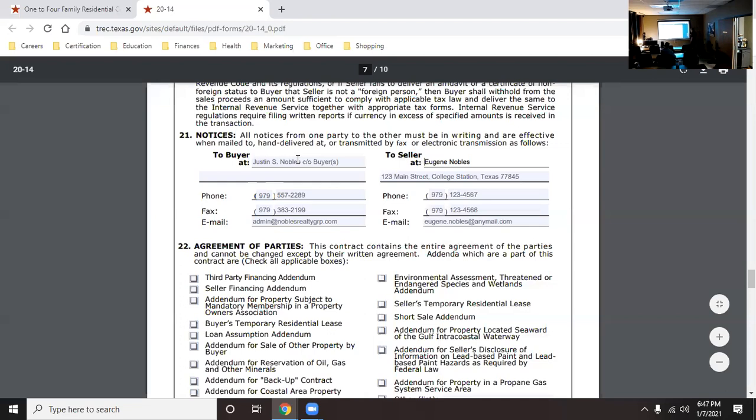Guys and gals, this part right here, 21, depending on which side you're on, if you're working with the seller or the buyer, you fill it up just like that. If you're in my company, this is how it needs to be. But if you go to another company, I'm giving you a little tip.